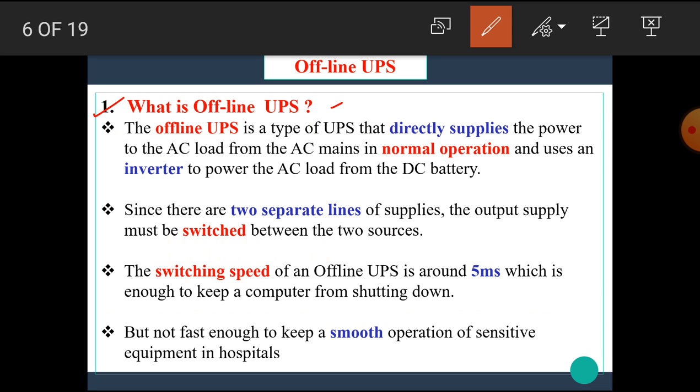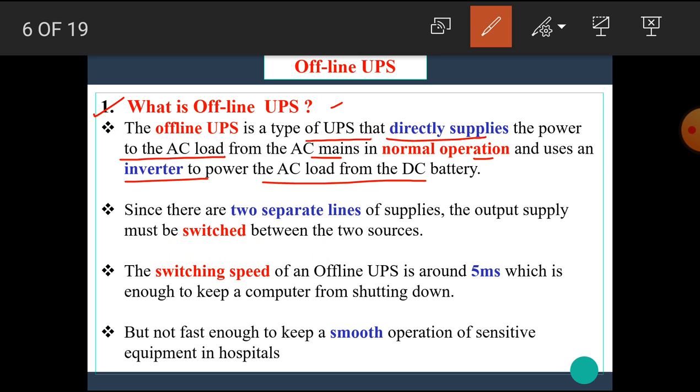The offline UPS is a type of UPS that directly supplies the power to the AC load from the AC mains in normal operation and uses an inverter to power the AC load from the DC battery.